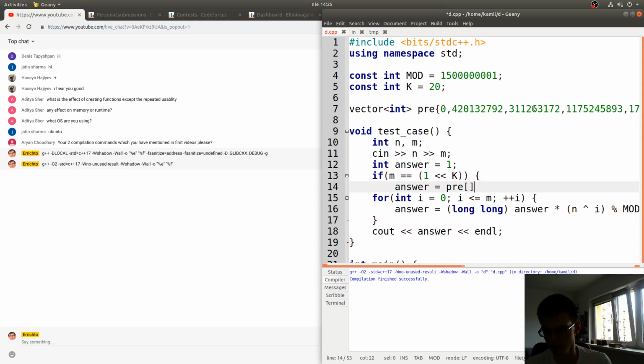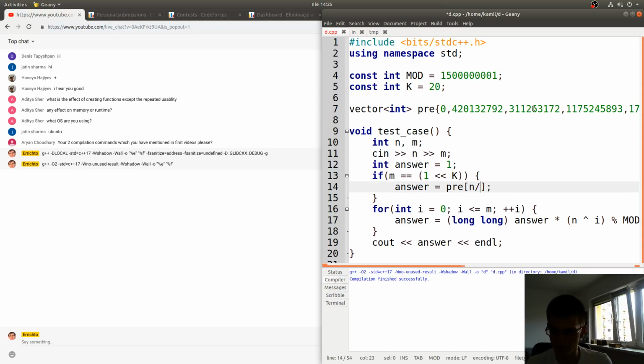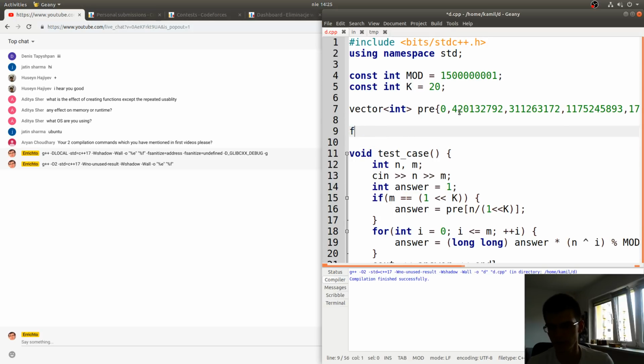Pre of something, and that something is n divided by 2 power k, because among our pre-computed values, this is the product for the first 2 power k values, then this is for values between 2 power k and 2 times that, and so on. So like the next 1 million numbers.